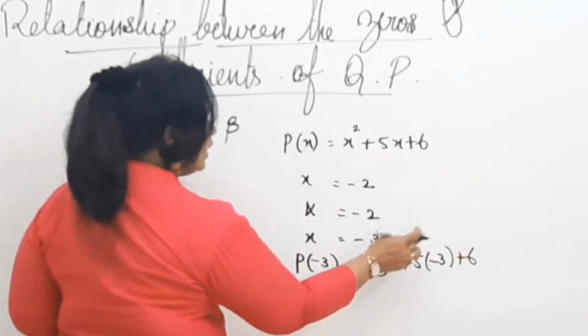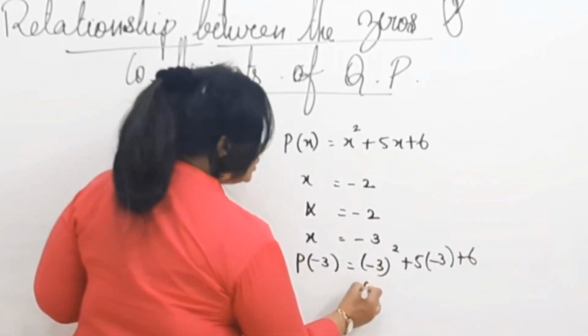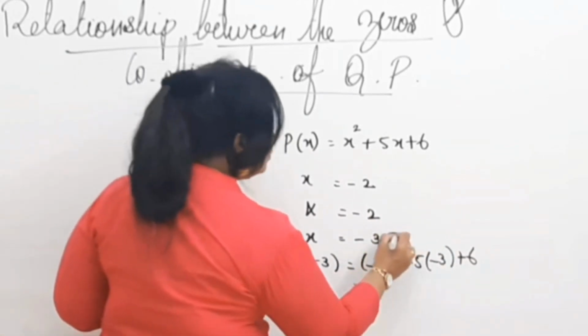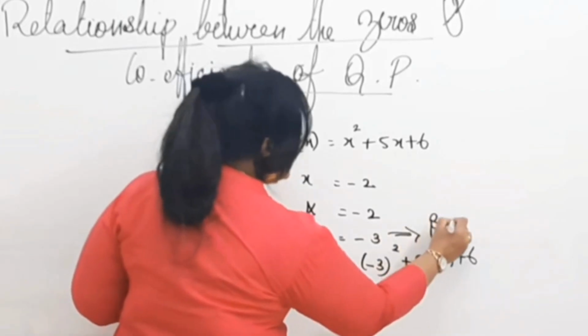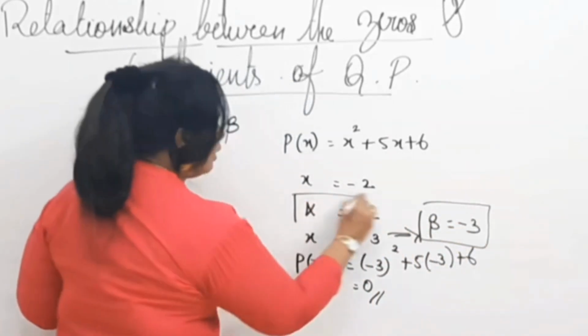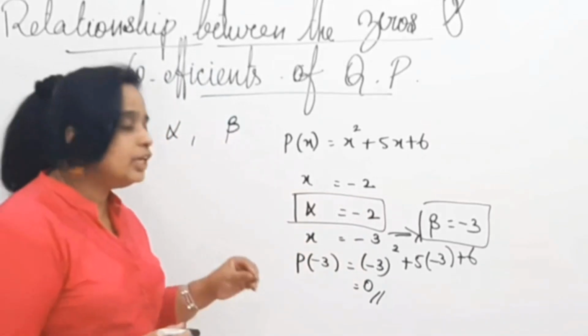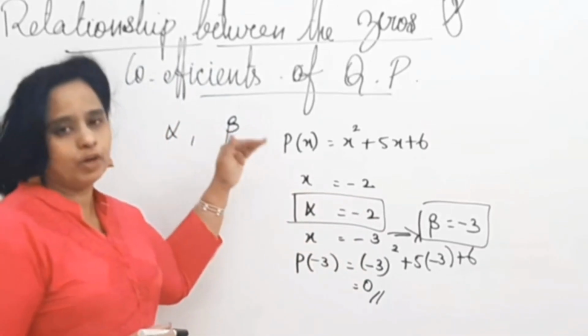So 3 3s are 9, 9 plus 6 is 15, minus 15, which is equal to 0. So I would say beta is equal to minus 3. So I got my alpha and I got my beta. These are the two zeros for this quadratic polynomial.